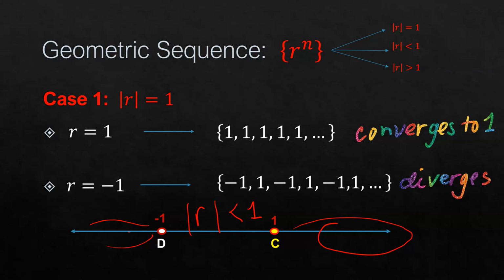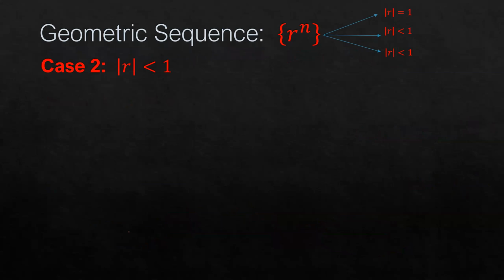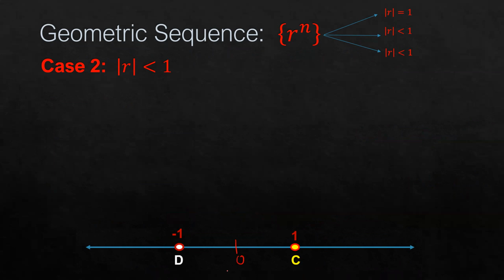So let's next consider the middle, when the absolute value of r is less than 1. Well, what number is less than 1? Less than 1 could be like here is 0, right? So the absolute value is less than 1. So it could be a positive number or a negative number where the value is less than 1.